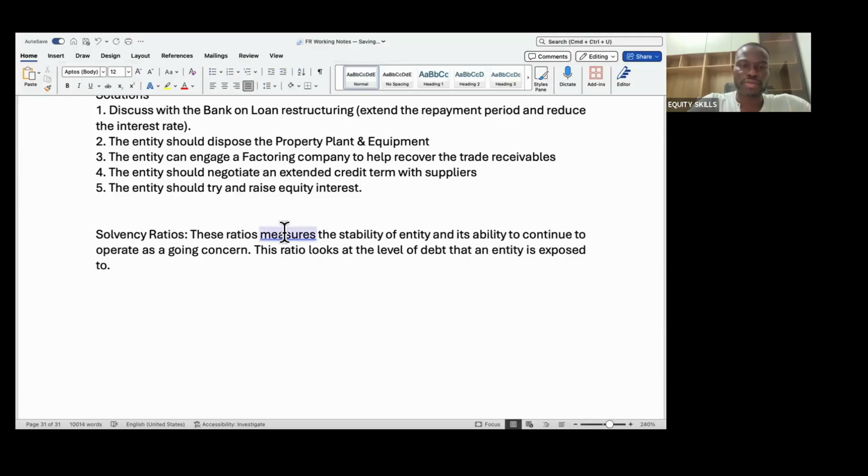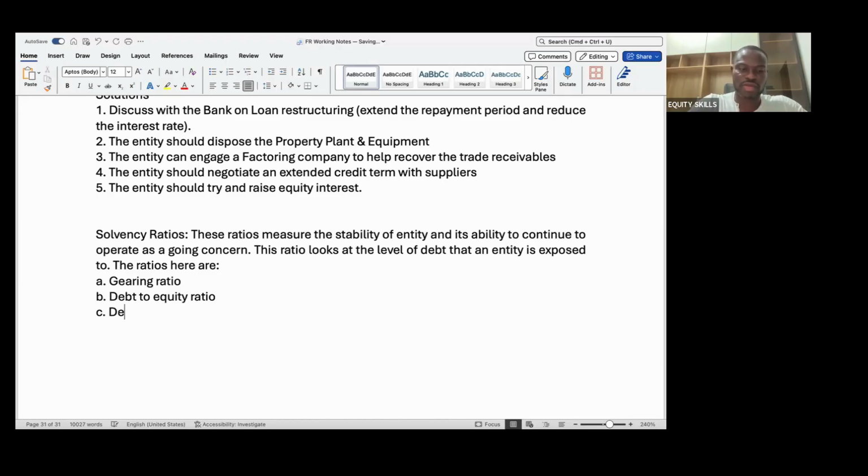So now, the ratios here are, basically, we have the gearing ratio. That's the most important ratio here. Then we can have the debt to equity ratio.